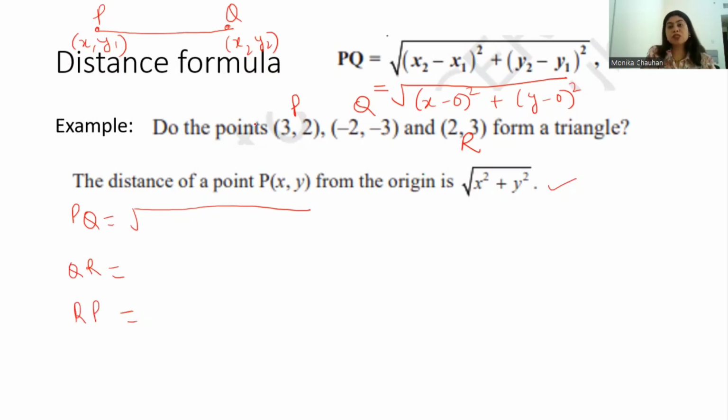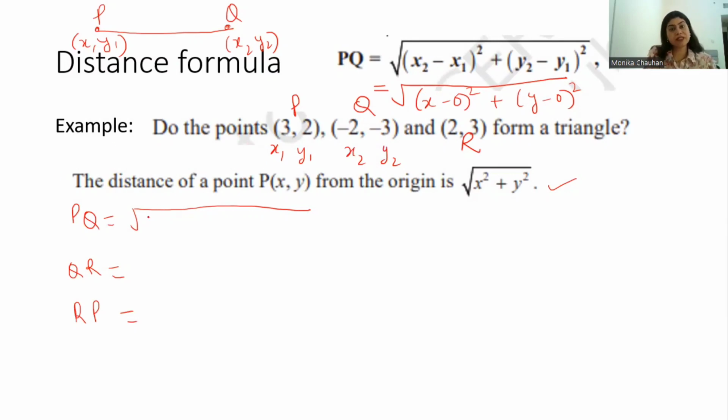Once you have understood, you will find whether you are able to find the distances, and whether the distances of the sides are the same or not. So let's see PQ. The first is your x1, y1, and the second is your x2, y2. Remember, you have to rename it to understand it better.